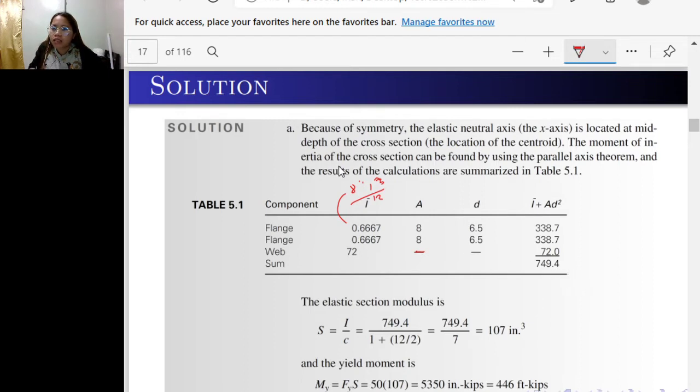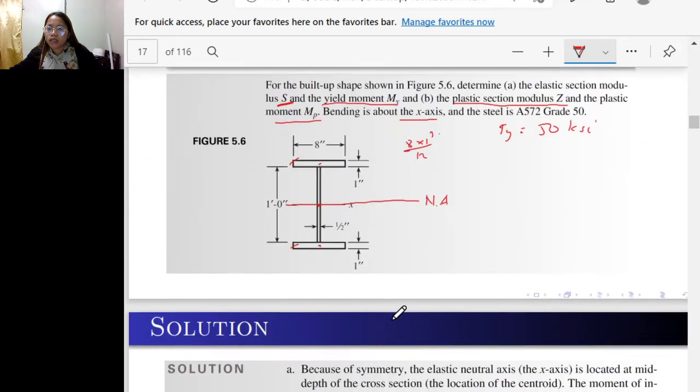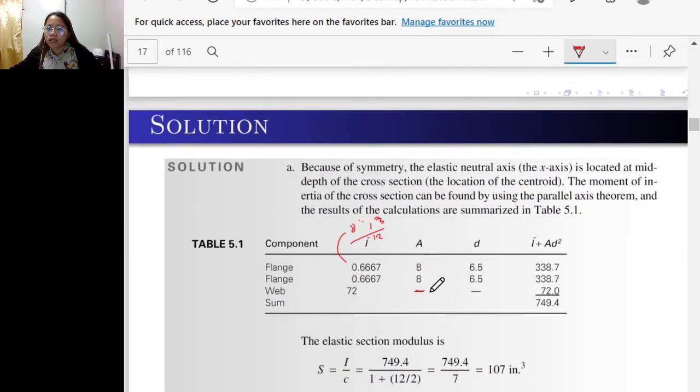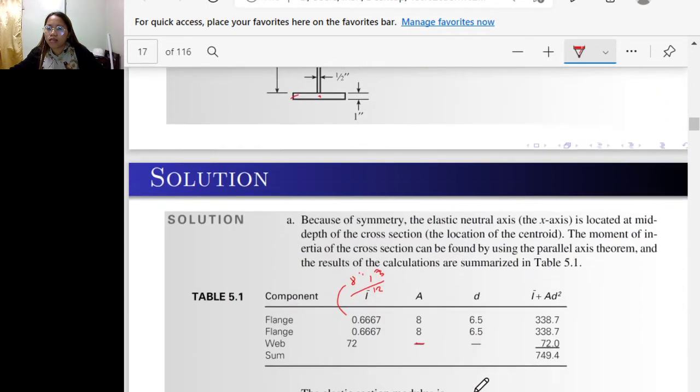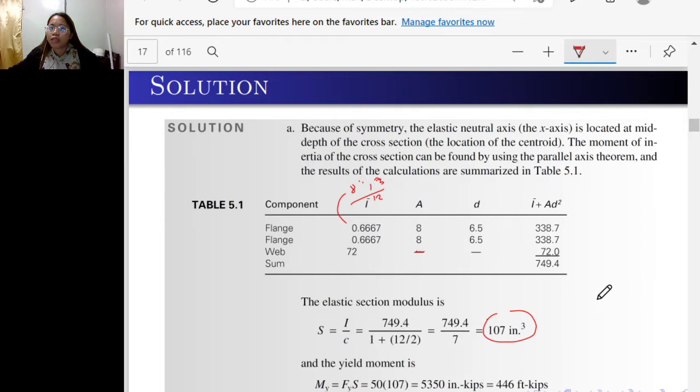And to get the elastic section modulus, which is equal to I over C, C is the distance from the centroid to the extreme fiber. Where is the neutral axis? In the middle. So half of that plus this 1 inch, so 6 plus 1, 7 inches. So the value for your elastic section modulus is 107 cubic inch.